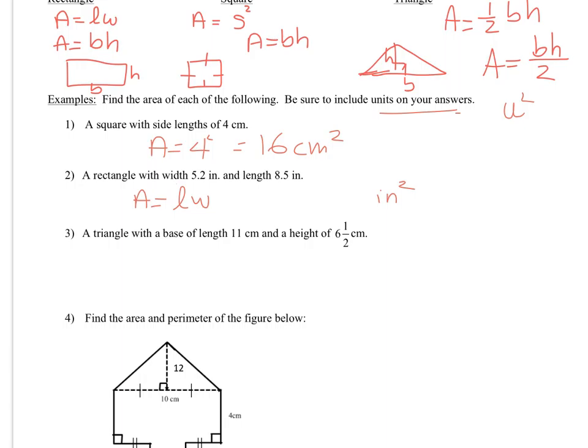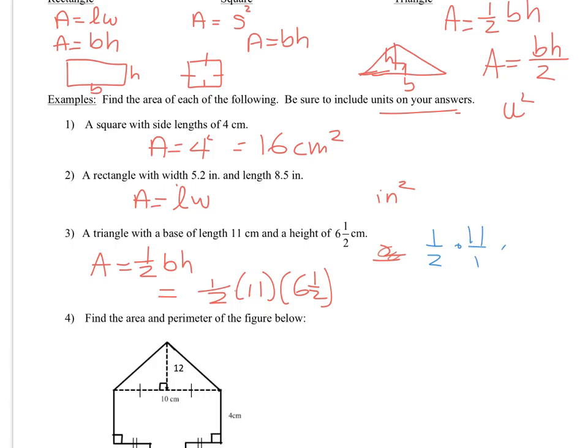For number 3, a triangle with the base length of 11, so 1/2 times 11 times 6.5. So without a calculator, I'm going to do it as 1/2 times 11 over 1, and 6.5 is 13 halves.